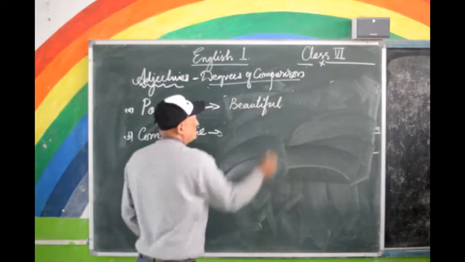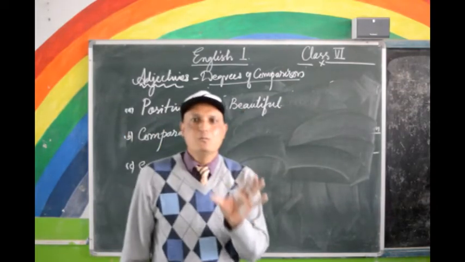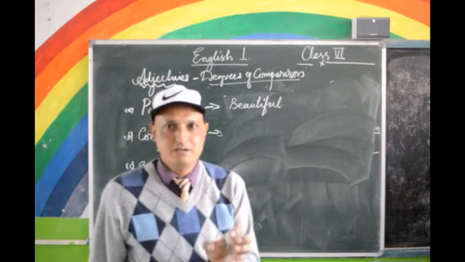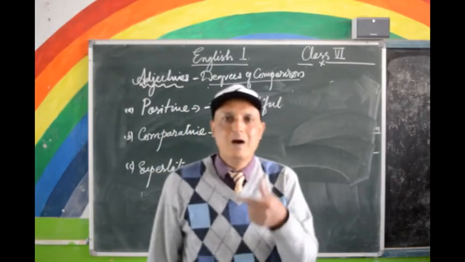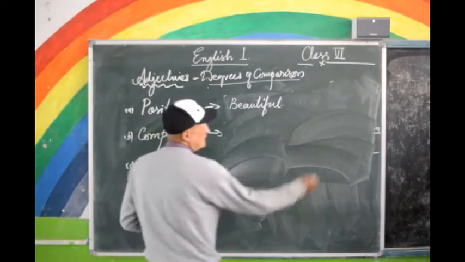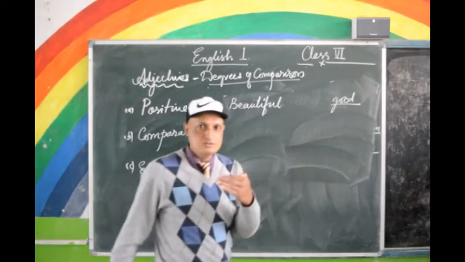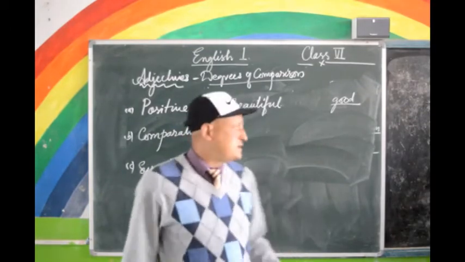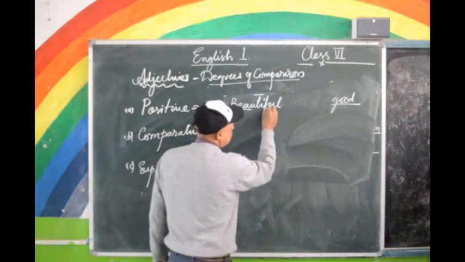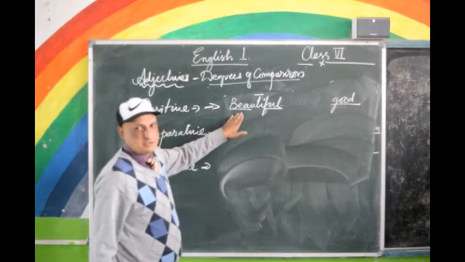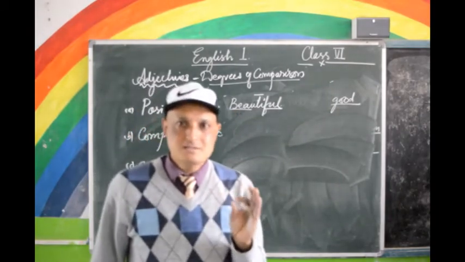Now, this adjective has more than one syllable. Syllable means a single unit of pronunciation when you pronounce a word, like in the case of good. Good has only one syllable. But in the case of beautiful, we have beau-ti-ful. So this adjective has more than one syllable.